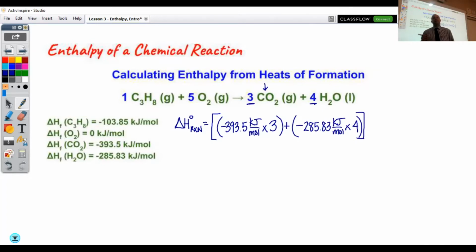Now we're going to look at the left side, the reactant side of the reaction. So we're going to subtract. Remember, it's going to be products minus reactants. The value for C3H8, that's up here, is negative 103.85.